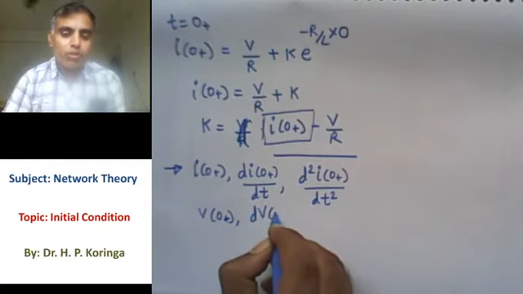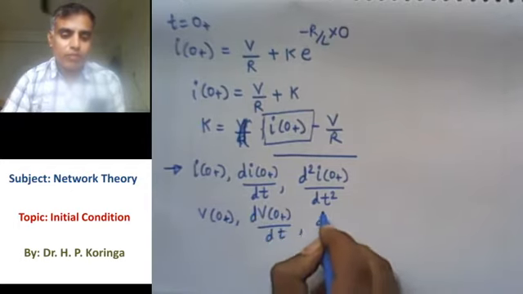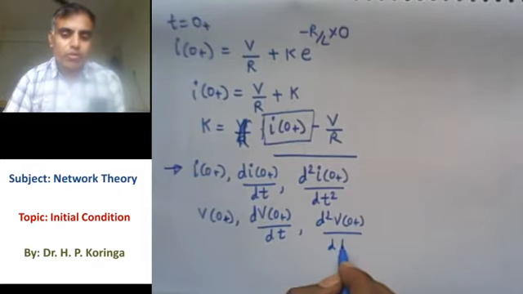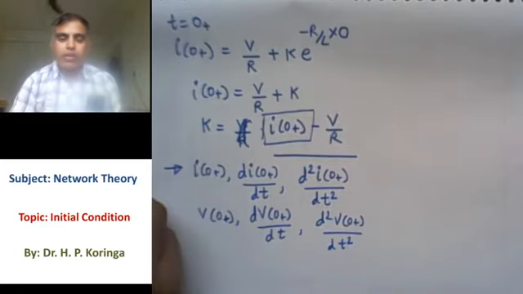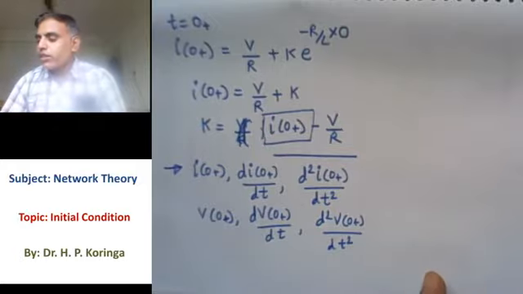To solve the unknown node voltage, we require the initial condition of that node voltage. What is the initial value of this node voltage, right? So in this chapter we will learn how to find the initial values from the network to solve the differential equations. So let's see.